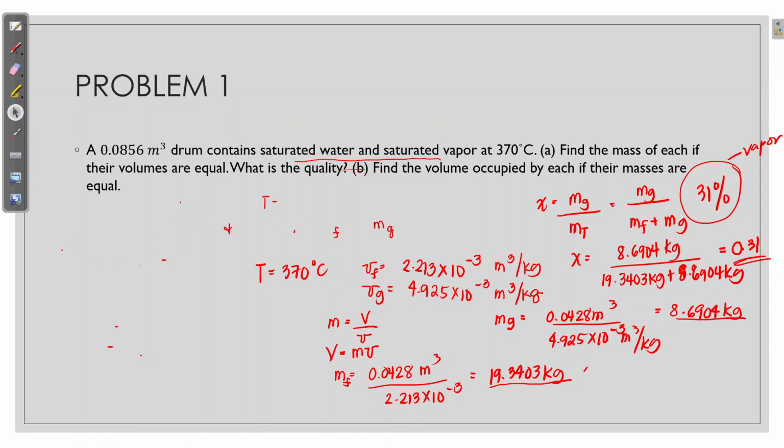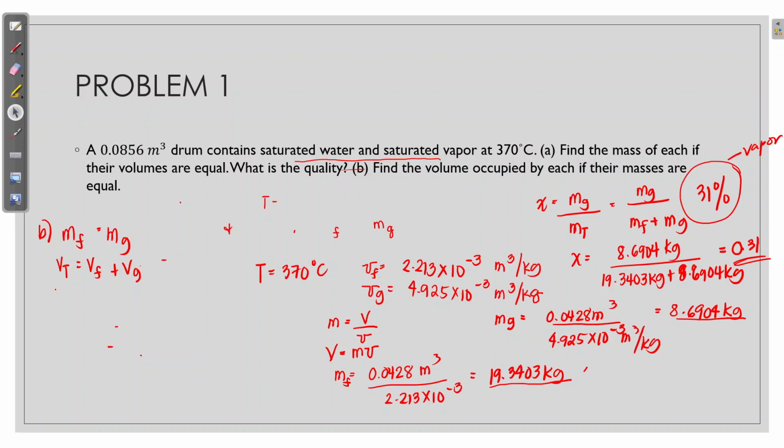Okay. So, given na ang mass natin ay equal, so mf is equals to mg. So, ibang situation naman. Kanina, equal yung volume. Dito naman, equal yung masses. So, ibig sabihin, ang total volume natin is equivalent sa V ng fluid at saka V ng gas, di ba?